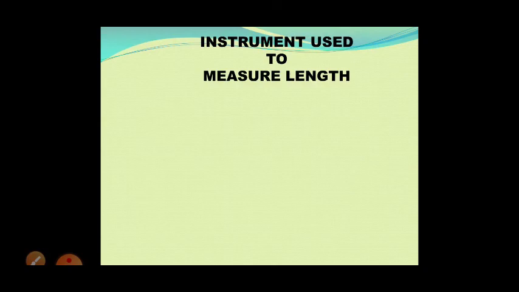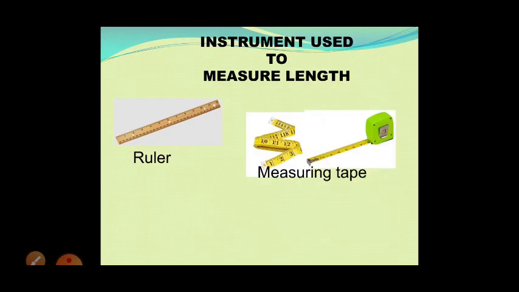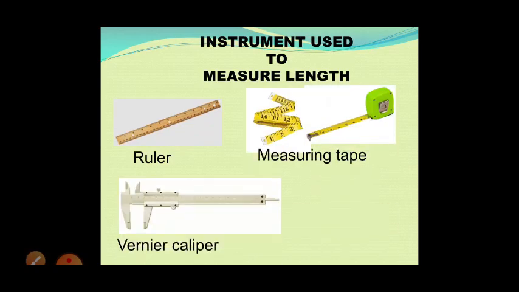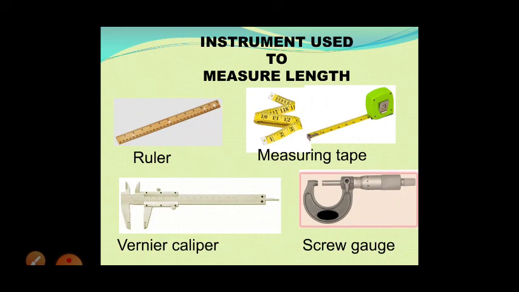These are the different units. Now, the instruments to measure length. To measure length we normally use a ruler for small distances, a measuring tape for longer distances, and for very small distances we use vernier calipers and screw gauge, which are called micrometers.